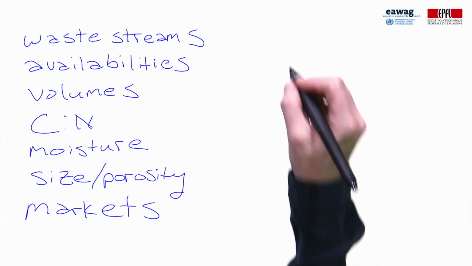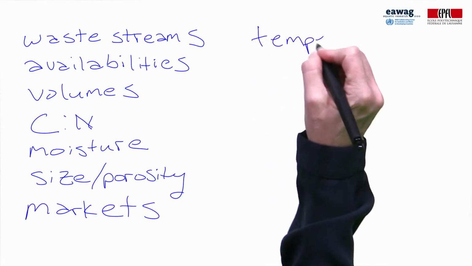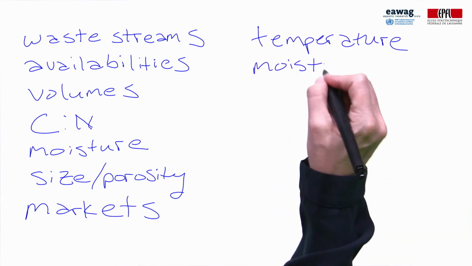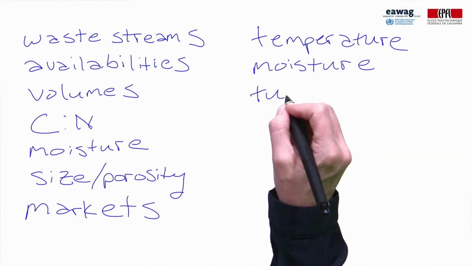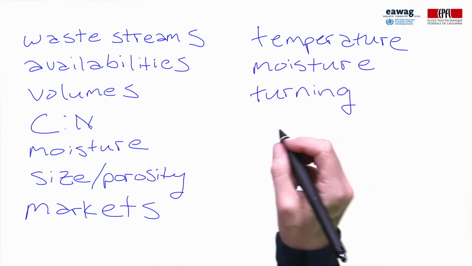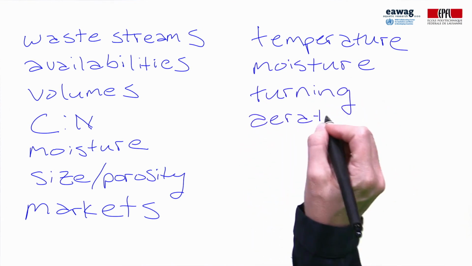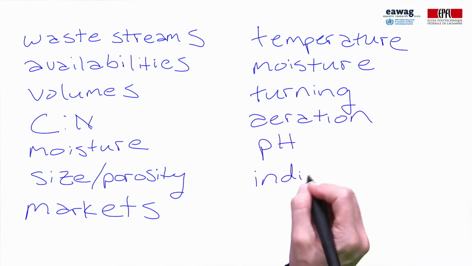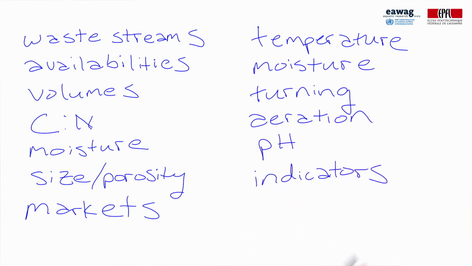Important parameters for operation include temperature, moisture, turning, aeration, pH, and indicators for things such as maturity and quality.